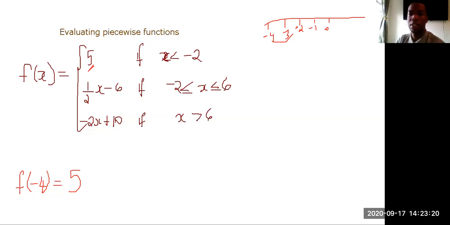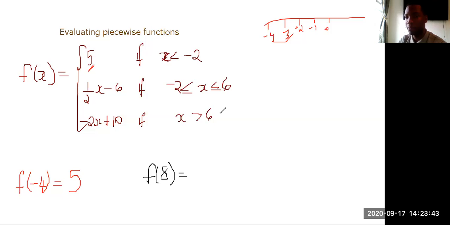Now the next one says they need us to find f of -4. Oh, I just did that one. F of 8. So I need to figure out where's 8. And we already know that 8 is greater than 6, right?